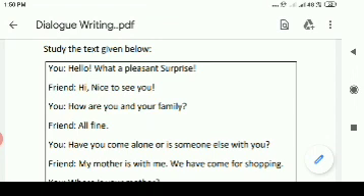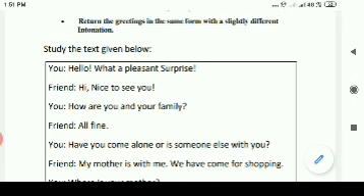Friend: my mother is with me. And then you have a full stop, a complete pause, right? You are stopping for a moment.